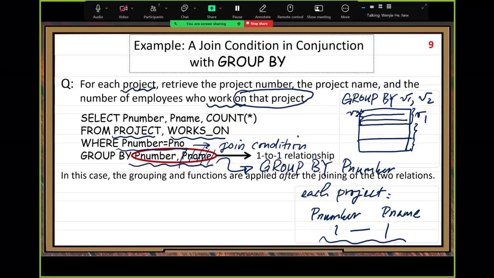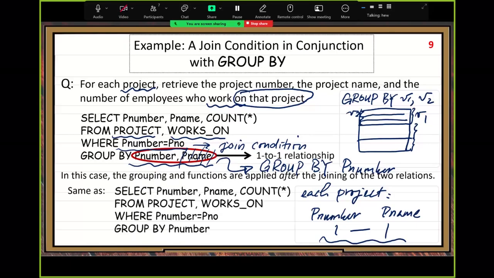Then you do the grouping within that joint table. This version is the same, because we removed the second grouping attribute. It is redundant, so we remove it.